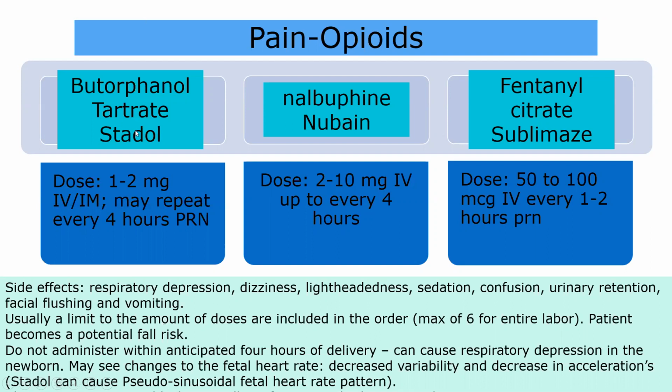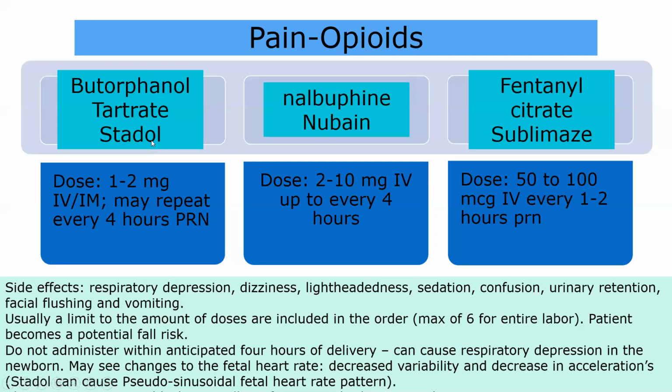So sometimes you will see Stadol still used, and this is typically in those moms that are having what we call prodromal or a long first stage. Stadol is one of those medications that has a little bit longer life to it, and we don't like to use this when we're expecting an imminent delivery.